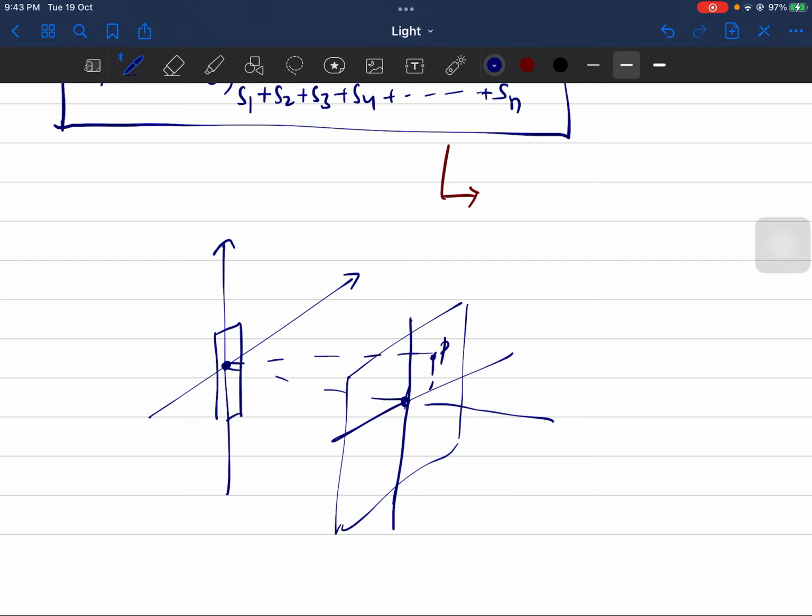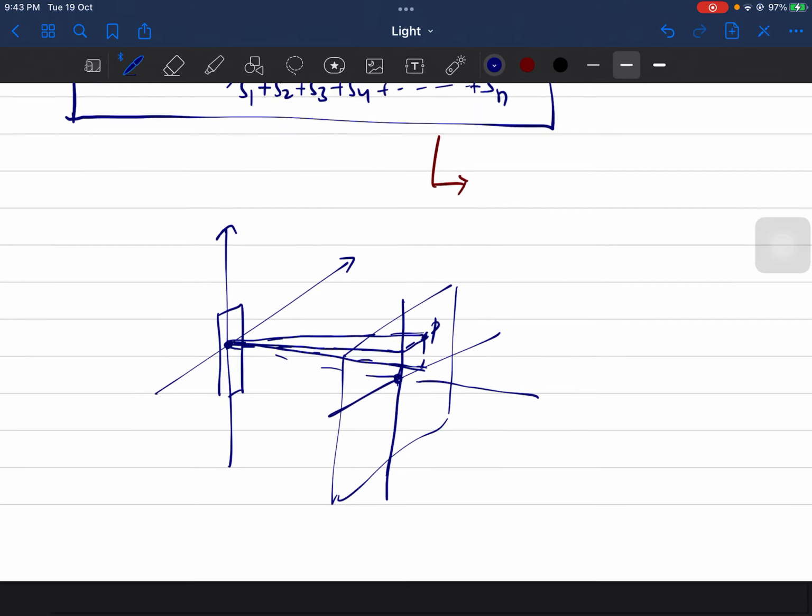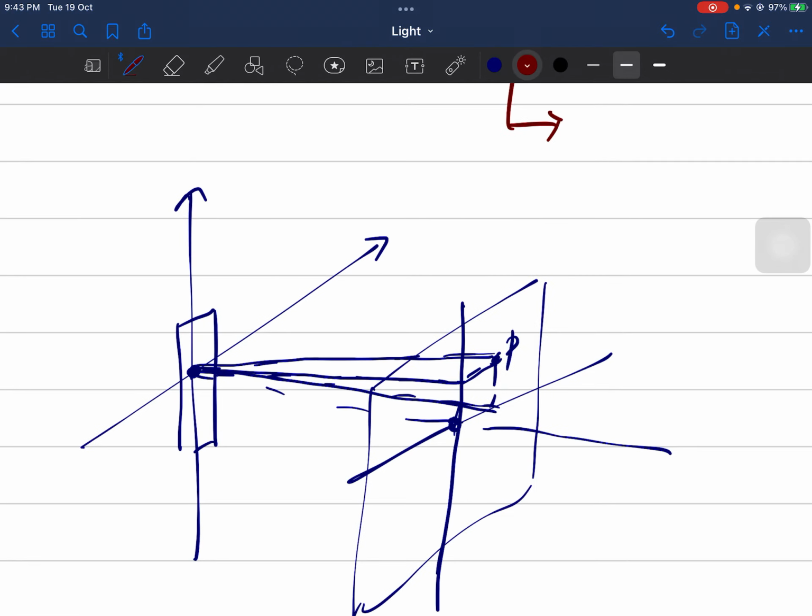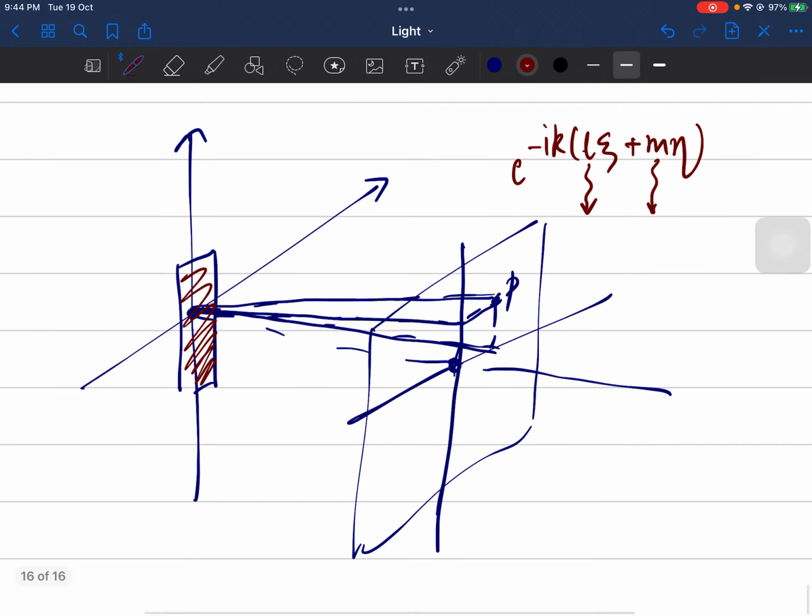This was P and so on, direction cosines. You can do that stuff. Okay, cool. Now we integrated all the points in this region, and we got a form of this. You see that for all points one thing common is L and M. That's what we physically expected, right?